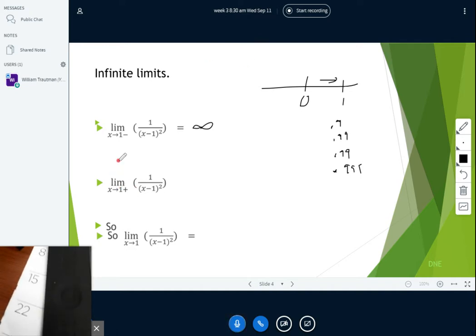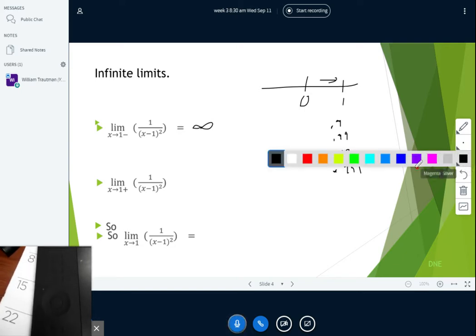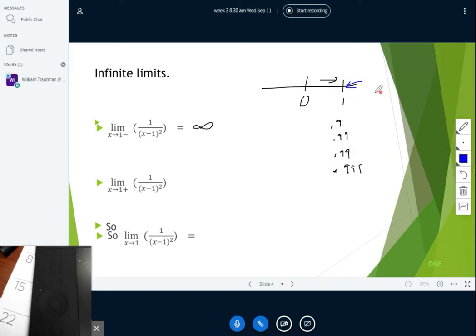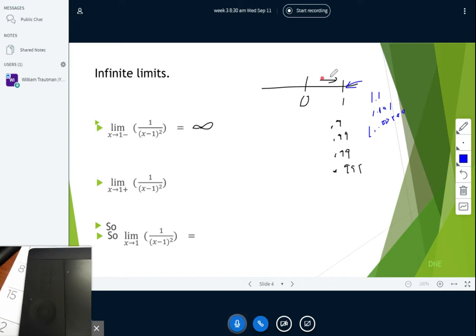If I approach the limit from the right, I'm looking at 1.1, 1.001, 1.00001. We're getting very close to 1 this way.